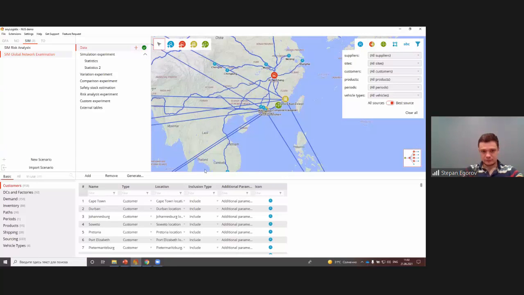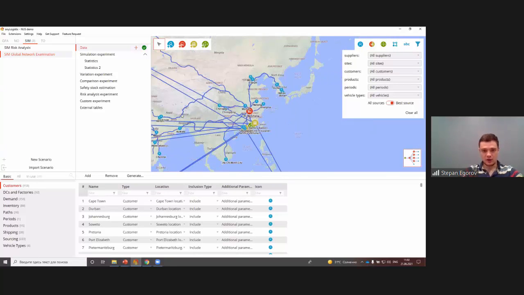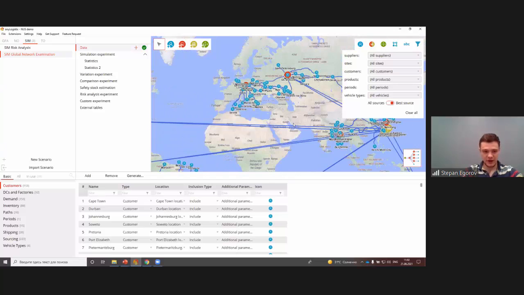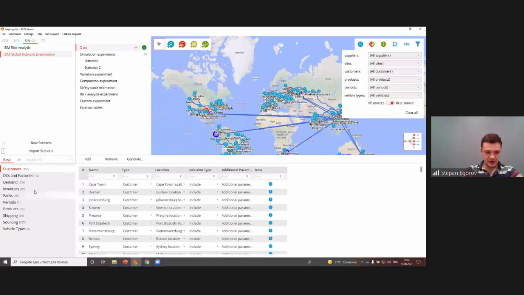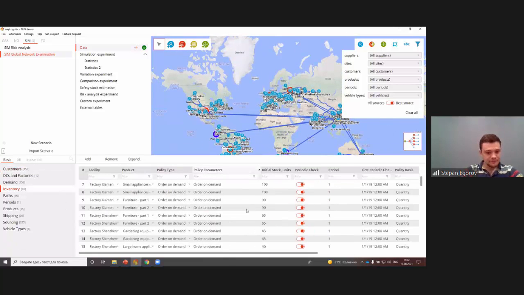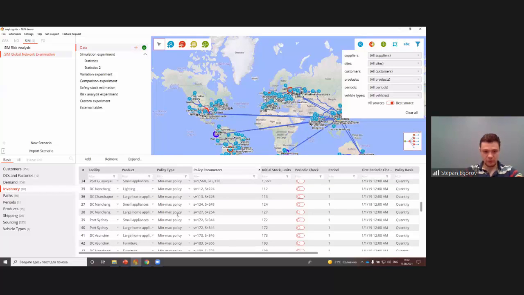So this is the supply chain that we have, and the data is defined in the tables. For example, we have our DCs that have certain policy parameters for inventory, like certain reordering points and ordering rules with some initial stocks.